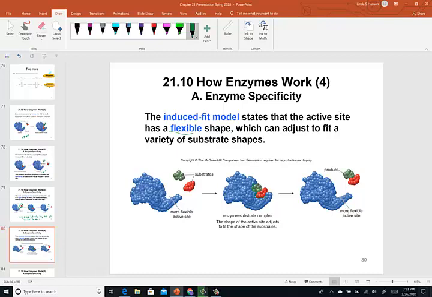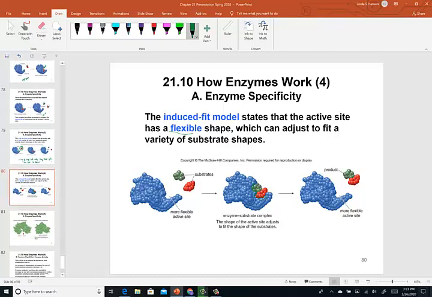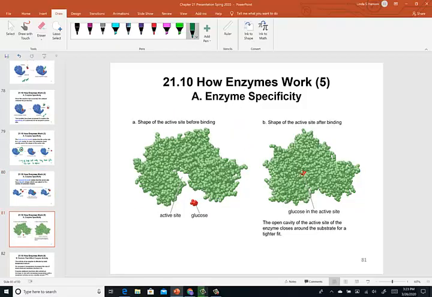But just so you know, there is an induced fit model theory that competes with that as well. So that's the shape of the active site before binding, and the shape of the active site after binding, which molds itself to the substrate for the reaction to occur.